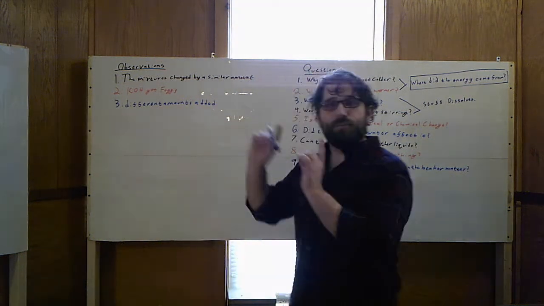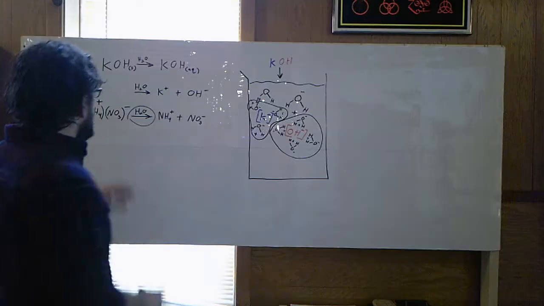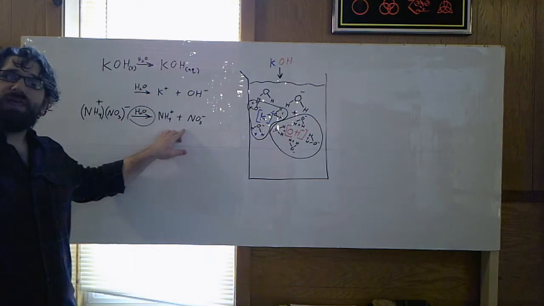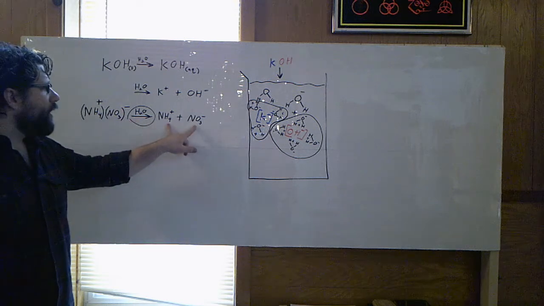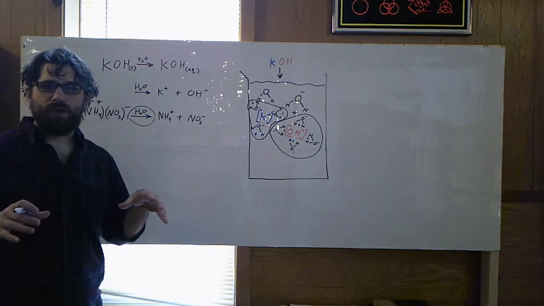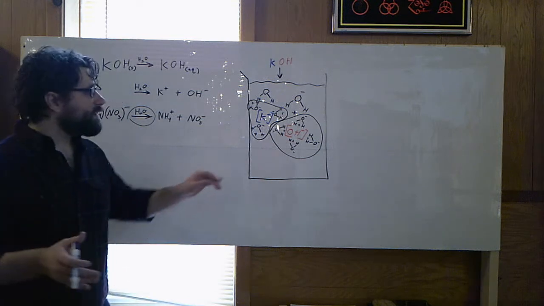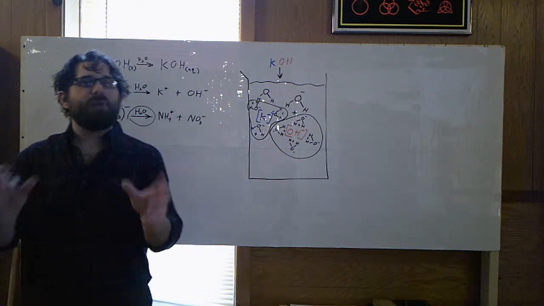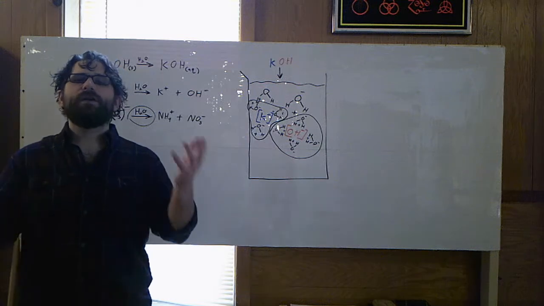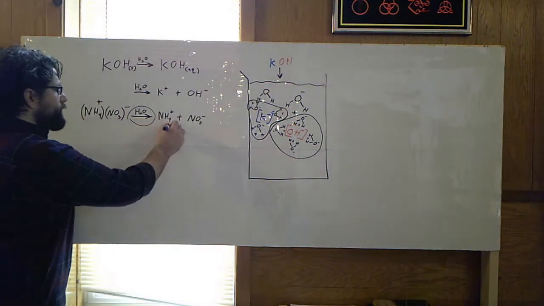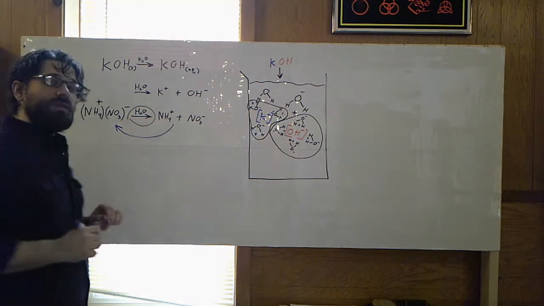So if I'm going to bring you back over here. If this change is permanent, what that means is if I take away the water, I'll still have these ions separated. So that's one of the things I'm going to do. Over the rest of this week, I'm going to leave these beakers sit. I'm actually going to put them in my drying oven, and I'm going to let all the water evaporate out, and we'll see if this reverses itself and goes back the other way.